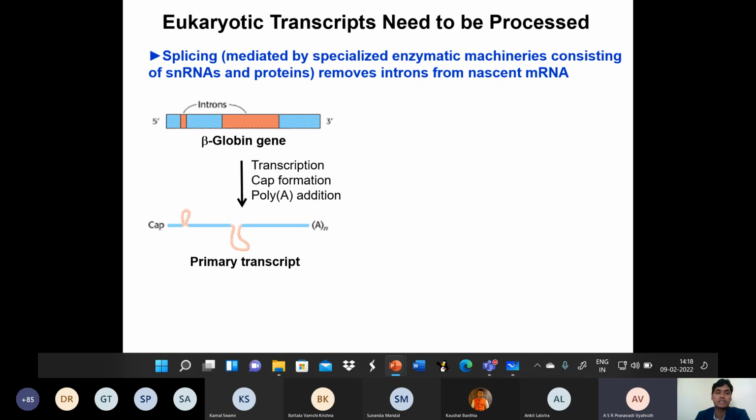After transcription, for example, this is the mRNA, with the 5 prime and 3 prime ends. Even so, some portions, in this case this one and this one, are called intron, that means intervening sequence, and these are exon.